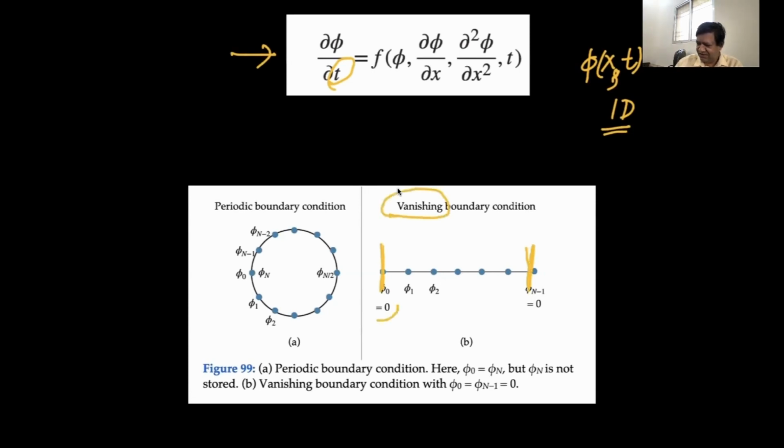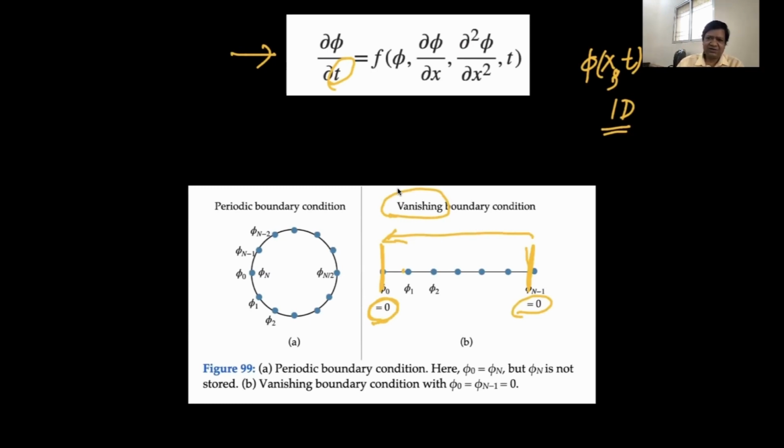I'm not measuring the function at each point, but at a discrete set of points: phi 0, phi 1, phi 2, up to phi n minus 1. These are the endpoints, but we know by the boundary condition that it is 0 at the ends. You'll be given a boundary condition, and if it's vanishing, then we set it to 0.